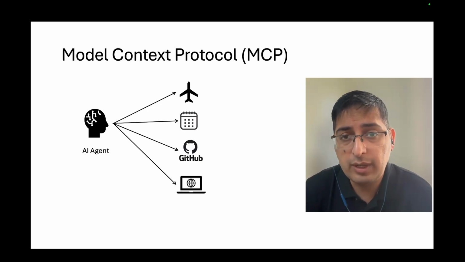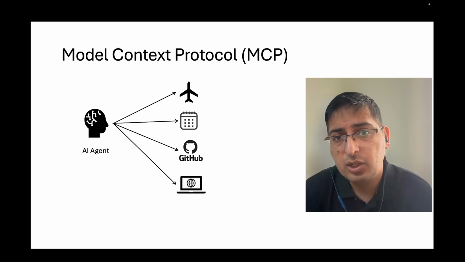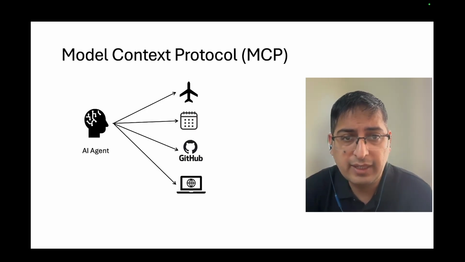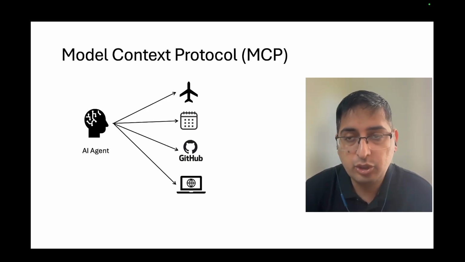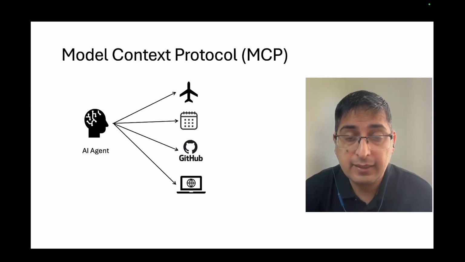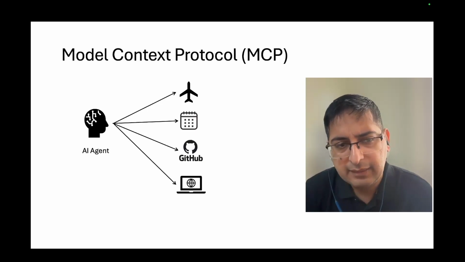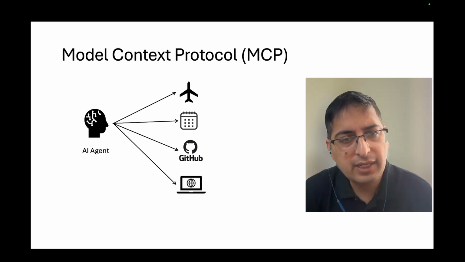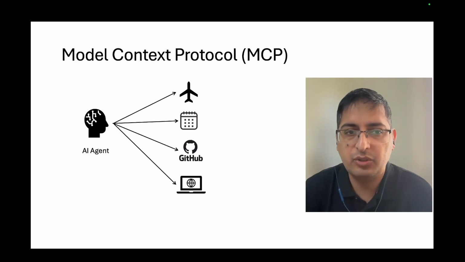But to build a good application, you want the AI agent to have access to that data in a free manner. It should be searchable by that AI agent. Or the problem could be that different airlines have implemented their websites in different ways, and the methodology to access the data is very different. This makes things complicated for the AI agent, and MCP is the solution for all of these things.